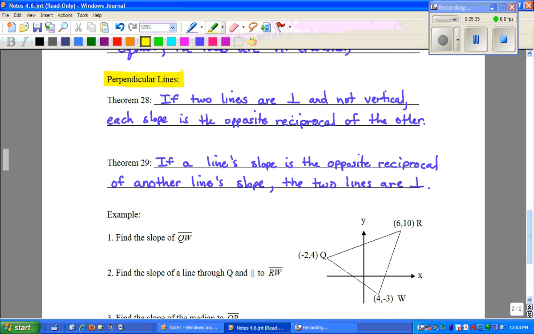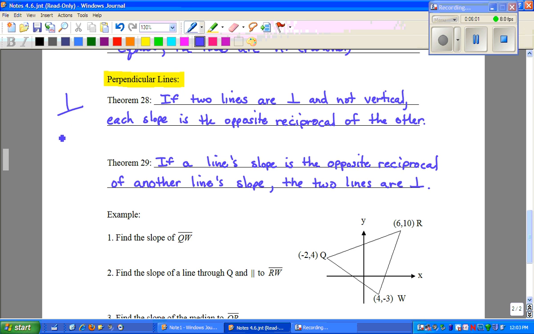Perpendicular lines. In theorem 28 in the book, perpendicular lines make basically an upside down T shape, right? We said that if two lines are perpendicular, they're not parallel, and they're non-vertical, then each slope is the opposite reciprocal of the other.